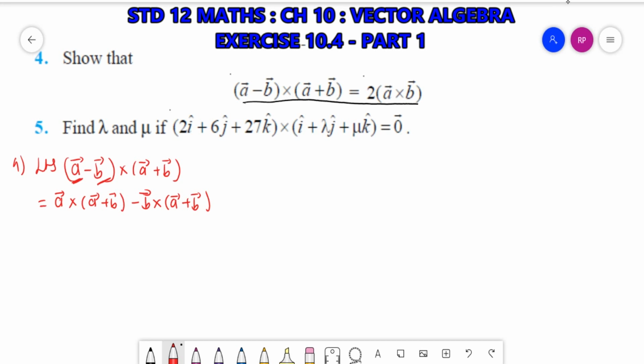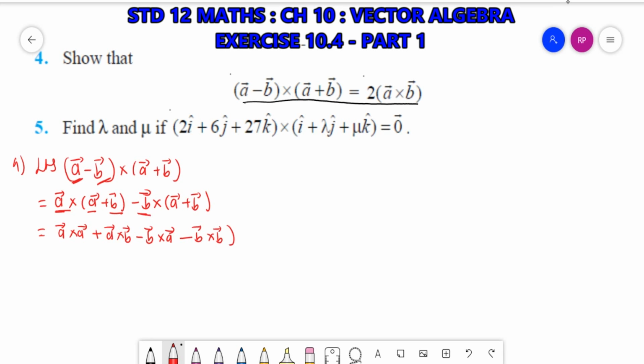Because A cross B will be equal to minus B cross A. So I will not change the position. It will be A cross A plus A cross B minus B cross A minus B cross B.